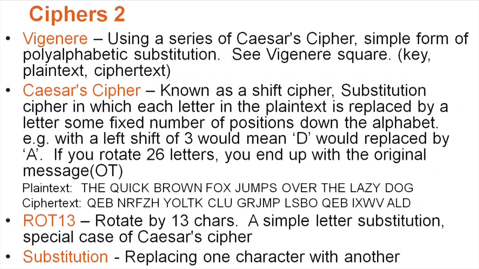It's known as a shift cipher, a substitution cipher in which each letter of the plain text is replaced by a letter some fixed number of positions down the alphabet.